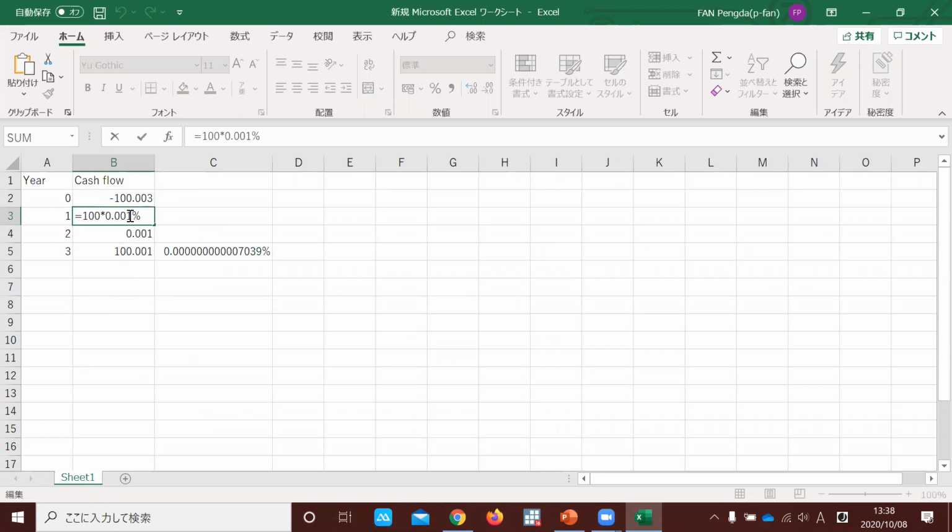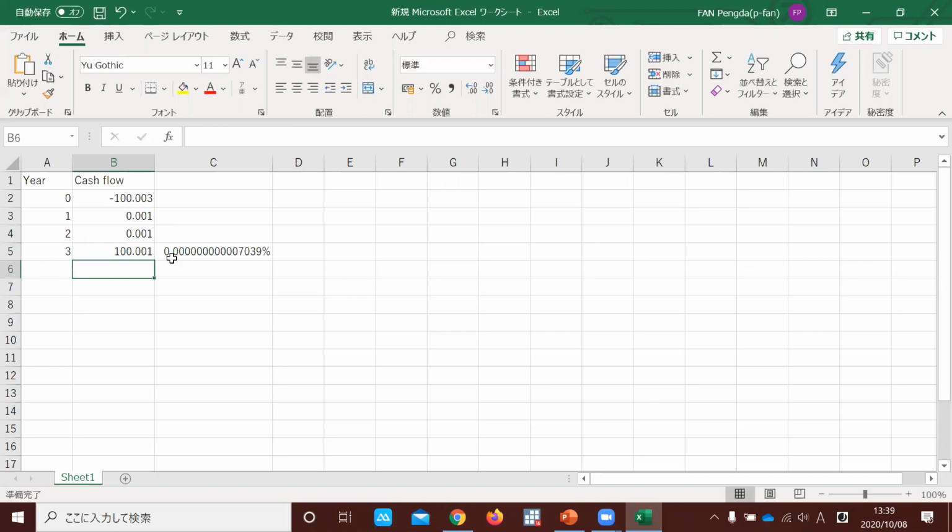So each year, the coupon payment is 100 times 0.001%, for the first year, second year, and last year. In the final year, in addition to the coupon, we also get our face value back. That means that at the end of year 3, we get back 100.001.